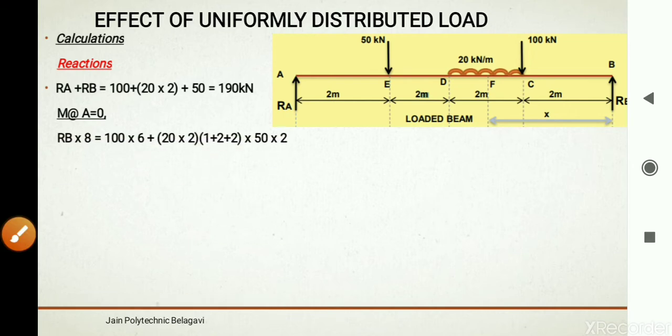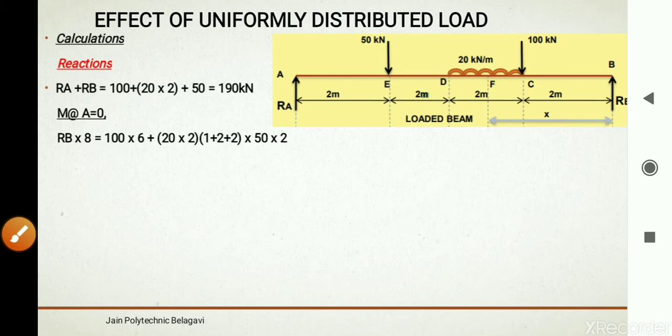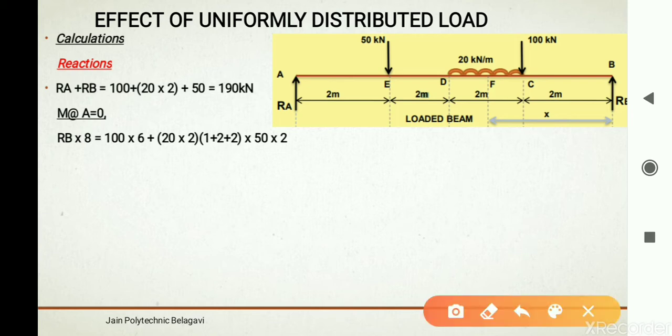So reaction RB into 8 is equal to 100 into 6, that is force into perpendicular distance, plus 20 into 2 into (1, that is 2 by 2, plus 2 plus 2), then plus 50 into 2, force into perpendicular distance. So this is what all the forces are going to have its moment with respect to point A.